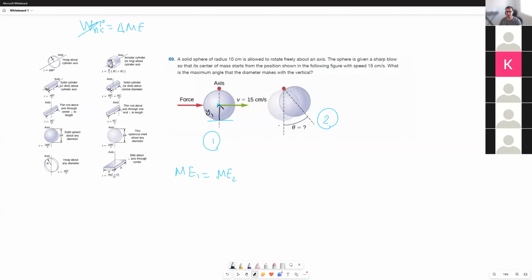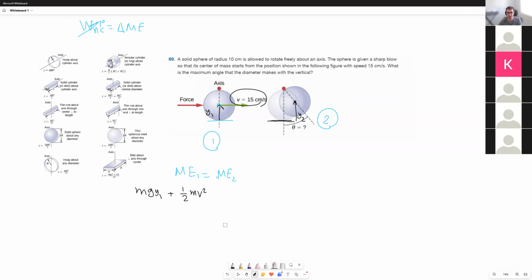And then you need to find out the final height of the center of mass, y2. So you're going to have mgy1 plus half mv squared, the kinetic energy, given an initial velocity of 15 centimeters per second.